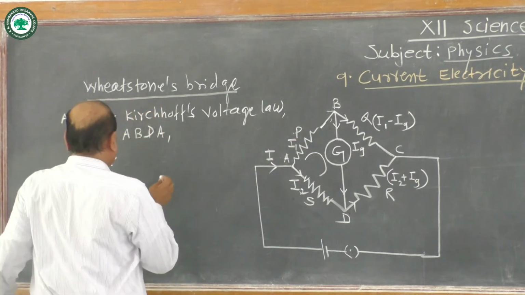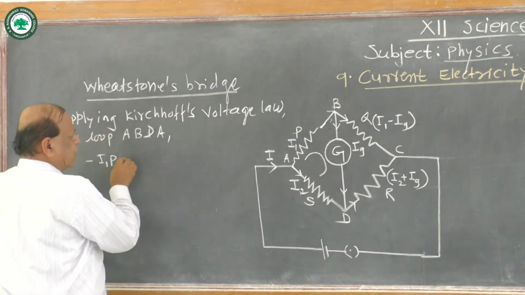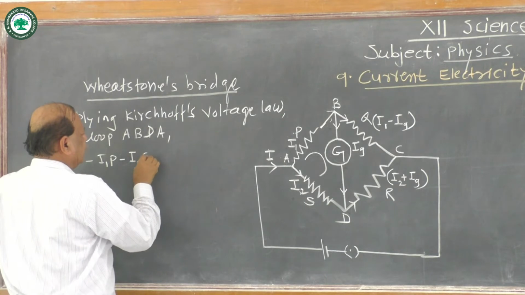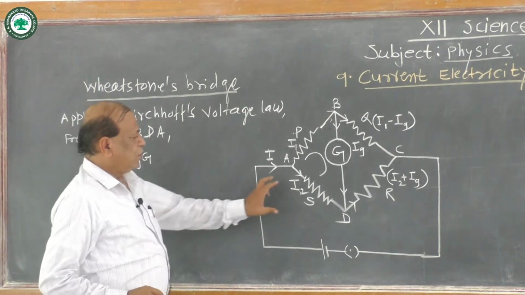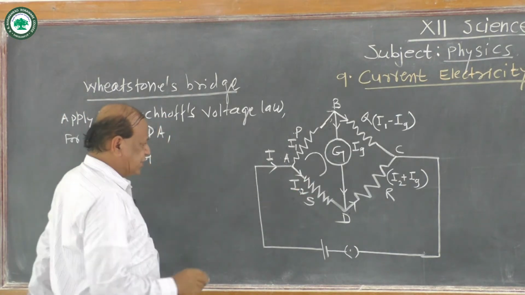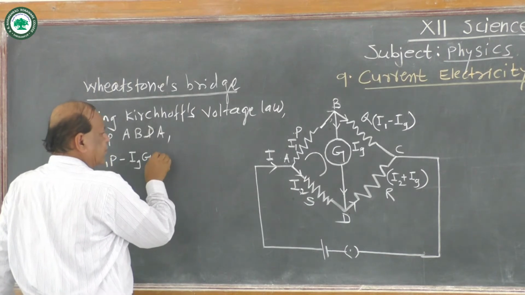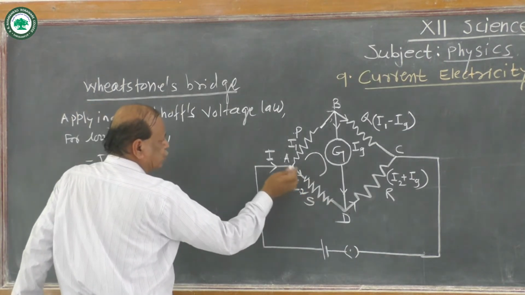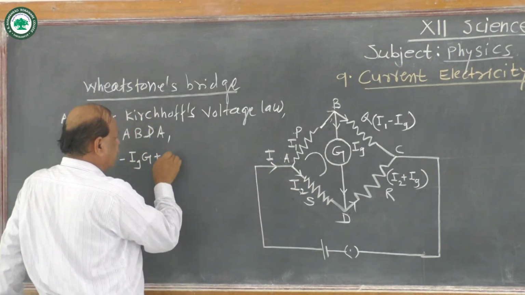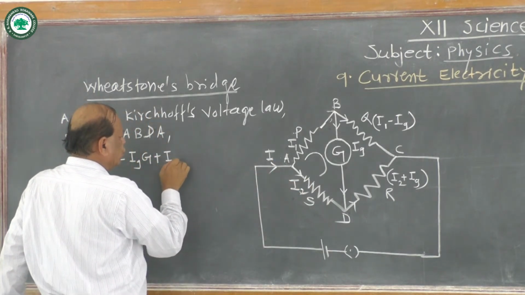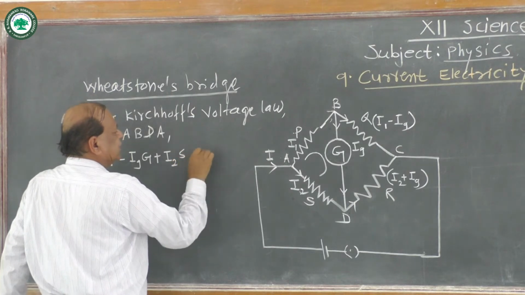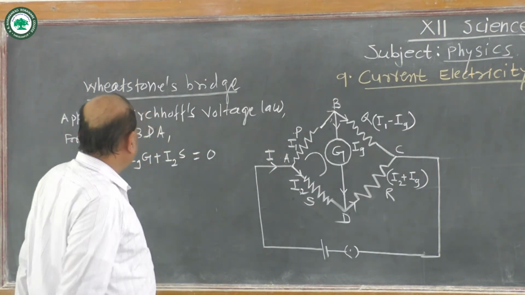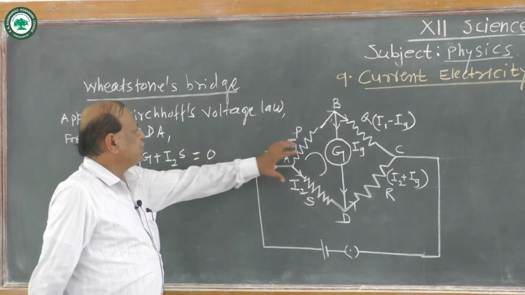Potential across the galvanometer will be minus Ig into G. Potential across the S resistor will be plus, since its direction is opposite to the conventional current, therefore I2S is equal to 0. This is Kirchhoff's voltage law applied for this loop.